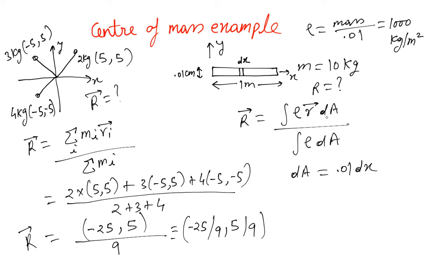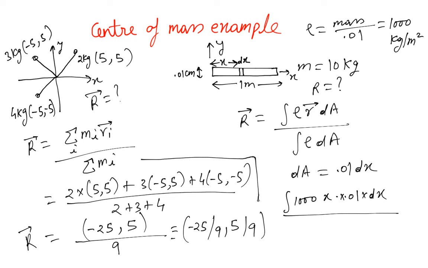So r, or this term, will be 1000, and also let's assume this dx is at a distance x from the origin. So that gives us x multiplied by 0.01 multiplied by dx, and we are trying to calculate r here, divided by the integral of rho dA, which is nothing but the mass of the whole thing, which we already know is 10.